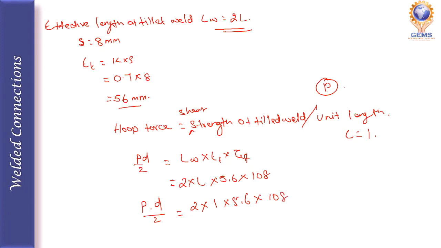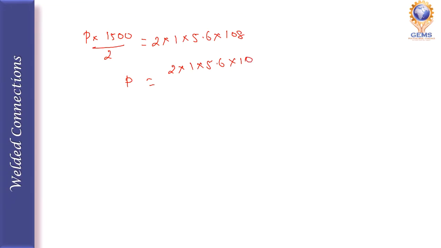So from this, the D value is 1500 as given in the question. P into 1500 by 2 is equal to 2 into 1 into 5.6 into 108. So from this we can find the P value: 2 into 1 into 5.6 into 108 into 2 divided by 1500.